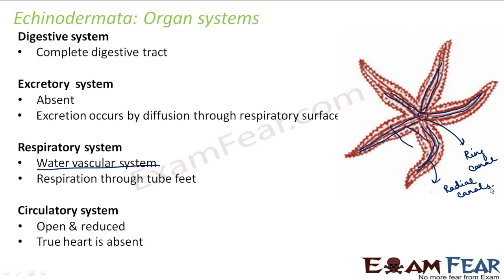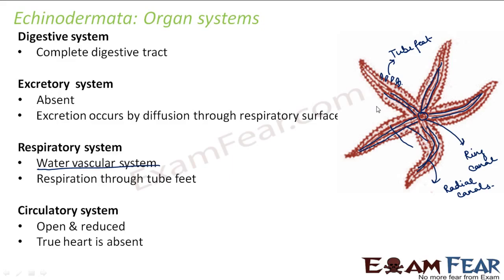So what do these canals do? Water enters the ring canal. From the ring canal, the water then enters all the radial canals. Outside the radial canals, you have structures which form the tube feet. From the radial canals, the water reaches the tube feet, and due to this balance of water, the tube feet help in movement.